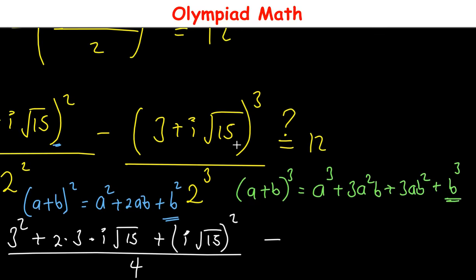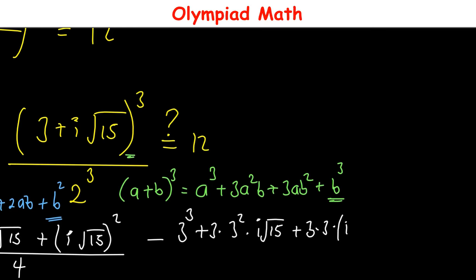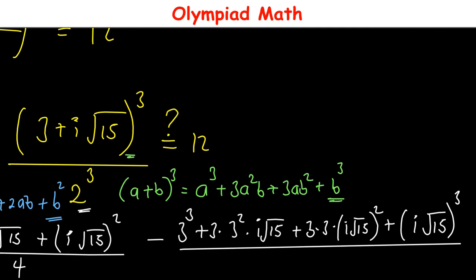So applying this rule right here, this then becomes, we have 3 raised to power 3 plus 3 times 3 squared times i times square root of 15, then plus 3 times 3, then times in brackets, i times square root of 15 all raised to power 2, then plus in brackets, i times square root of 15, all raised to power 3, all divided by 2 cubed is equal to 8.